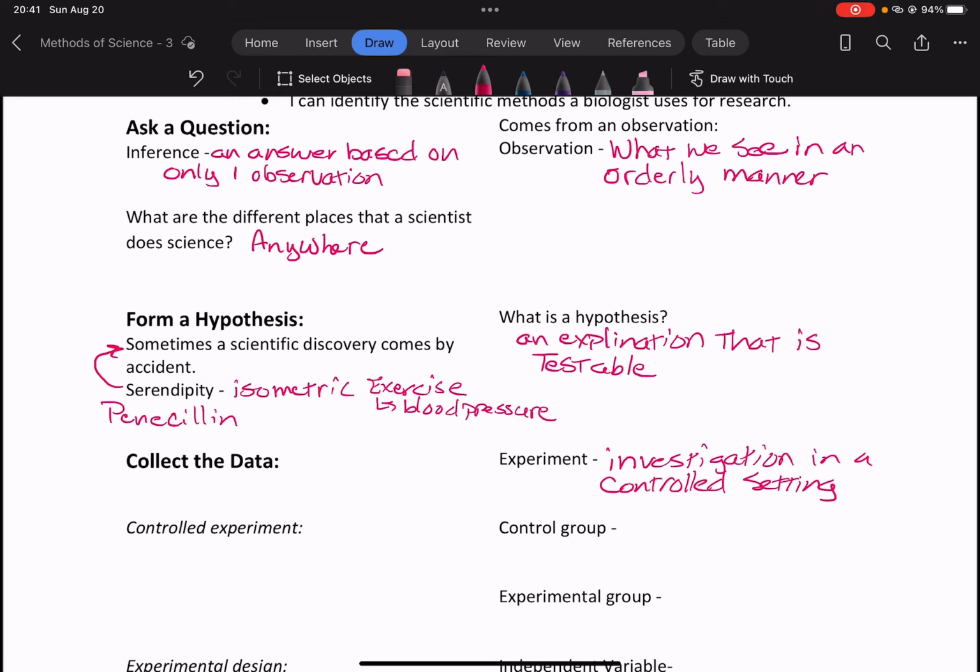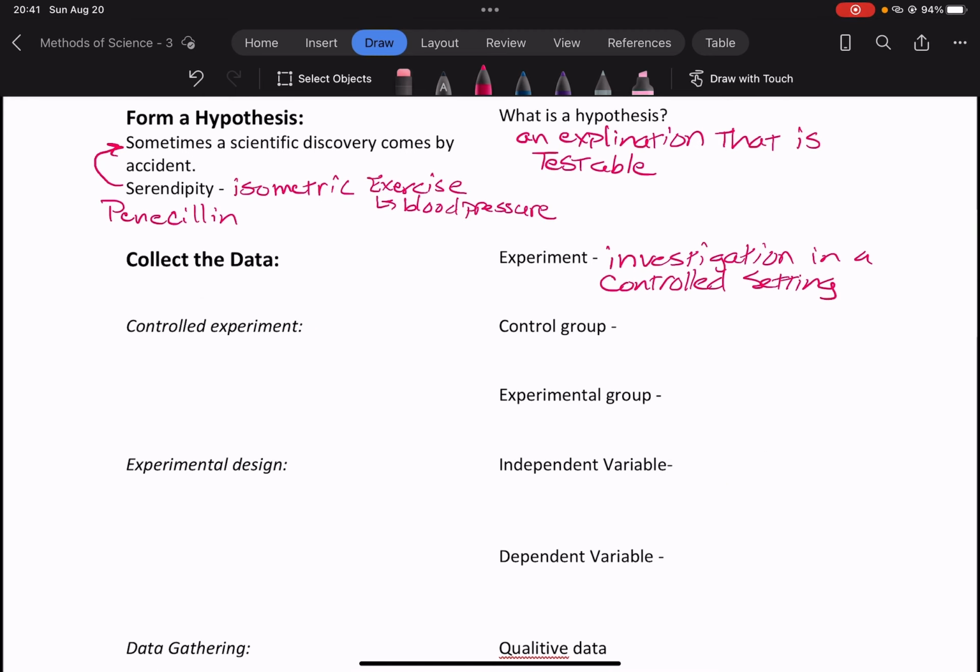So, a control group. One thing that we have to have when we're doing groups is a group that we do nothing to and a group that we do something to. When we're dealing with populations, which is used a lot in biology, a control group is a comparison group.